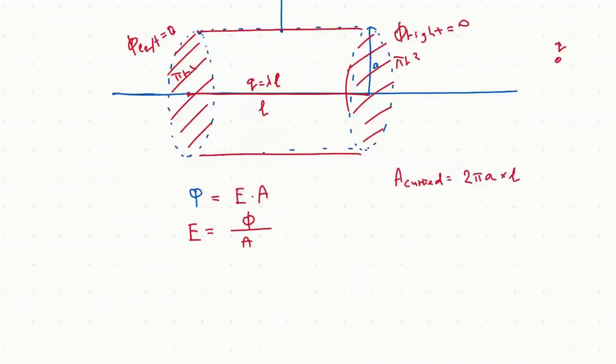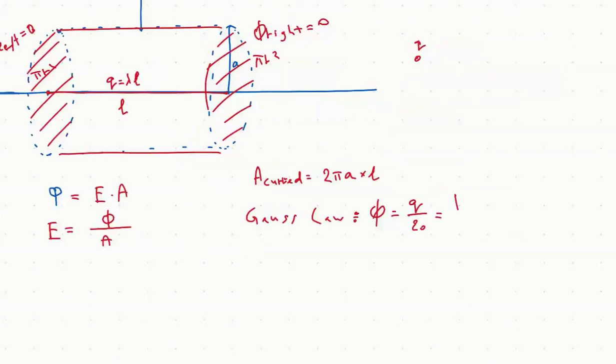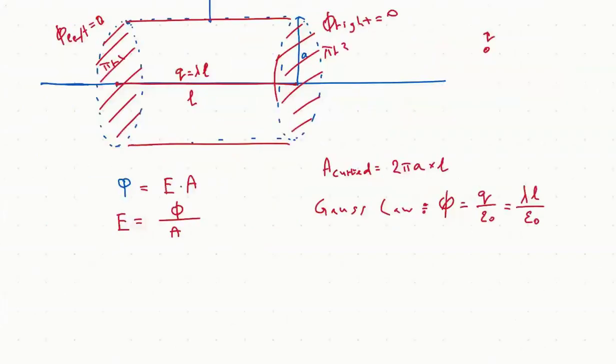From Gauss's law, the flux is the charge divided by epsilon naught, and we know the charge is lambda L, so the flux is lambda L divided by epsilon naught, and we just sub that into here.